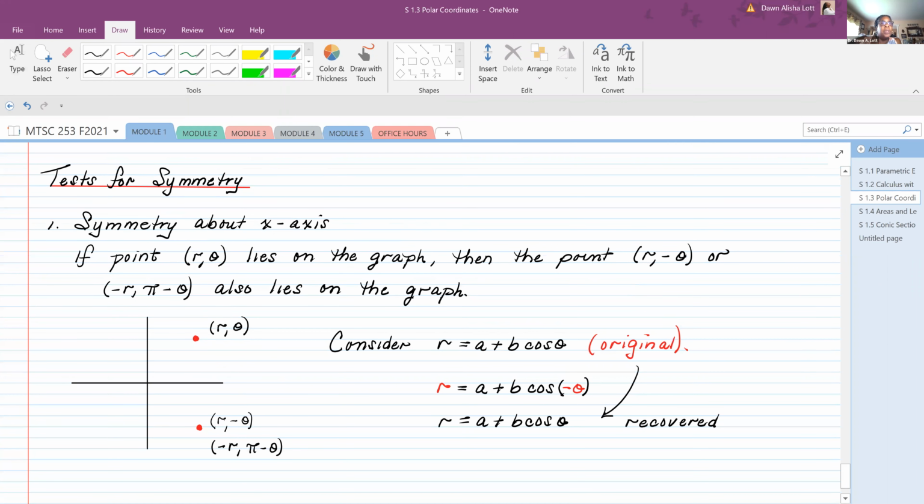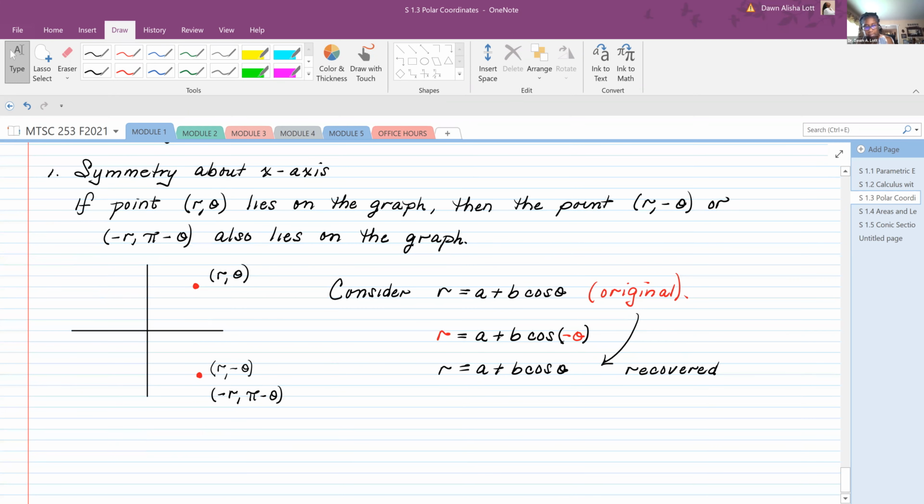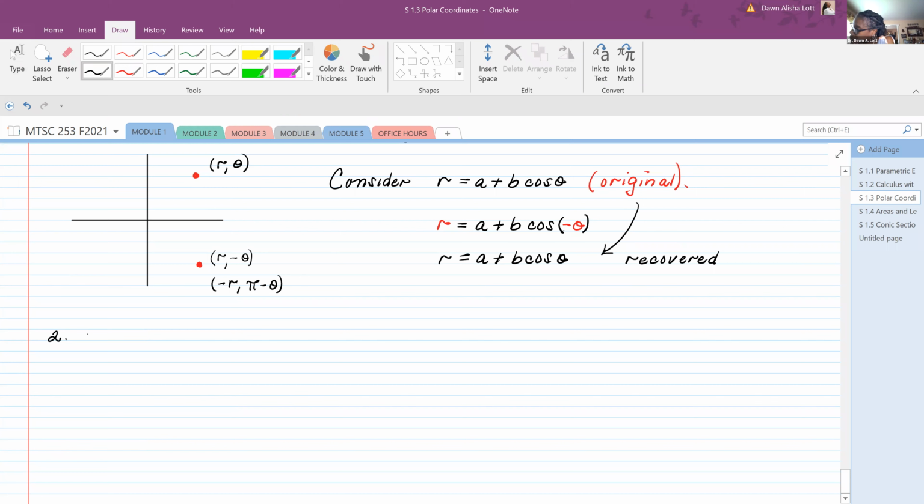Symmetry about the y-axis. Okay, so symmetry about the y-axis.